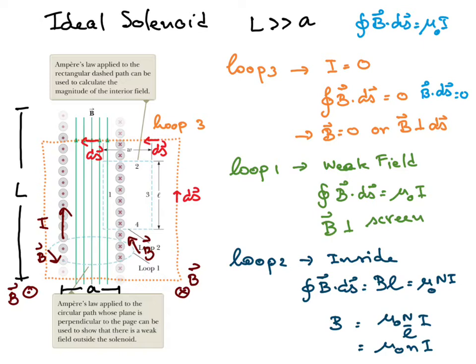Now let's go inside the solenoid. To analyze the magnetic field inside the solenoid, we will analyze loop number 2. Okay, now we create the loop that passes into the solenoid. We have the path that is inside the solenoid.